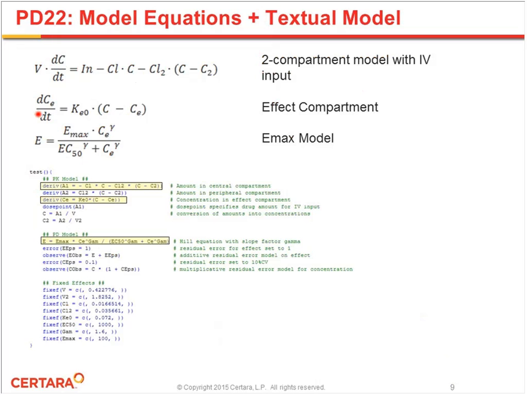That is just the KE0, a first-order rate constant times the concentration in the central minus the concentration in the effect compartment. And for the Emax model, we have just a typical Hill equation with Emax and slope factor gamma and the EC50 value.